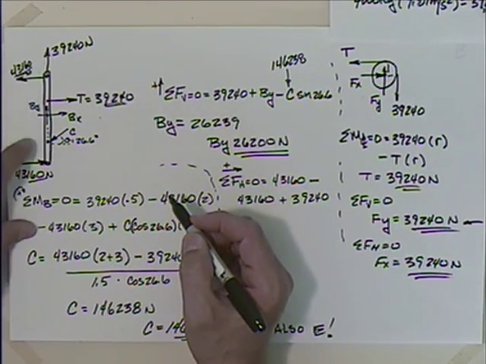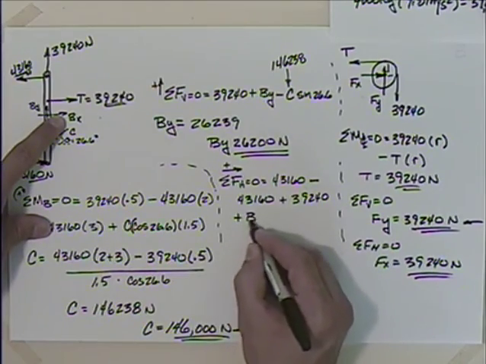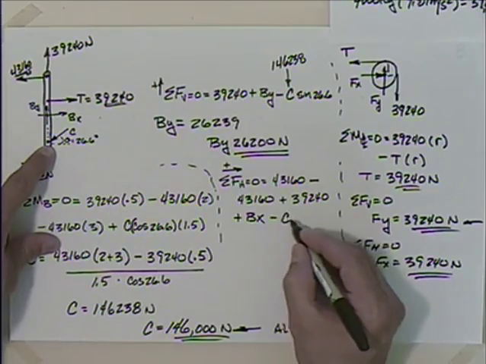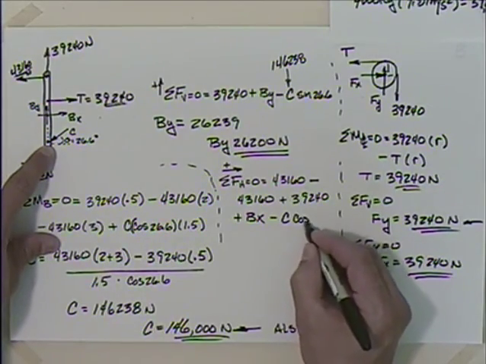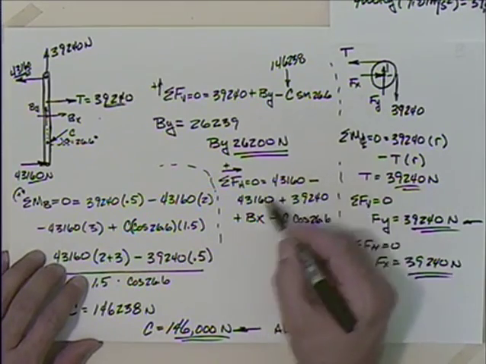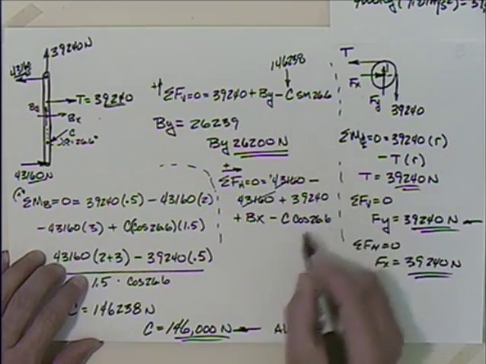That's vertical. By is vertical. I'd better add Bx and then subtract off C times the cosine of 26.6, right? So I have an equation there. Let's see, I'm adding this and I'm subtracting that, so I get to drop those out.